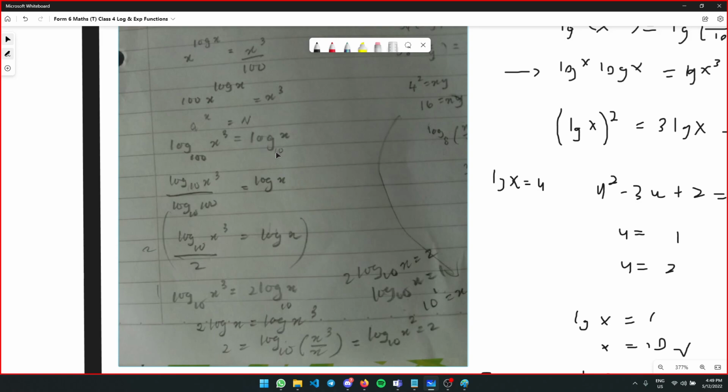Let me go x to the log x. Then x^(log x) equals 3. Take out, you get 2 equals to this part here. Here it's log x to log divided by 3.